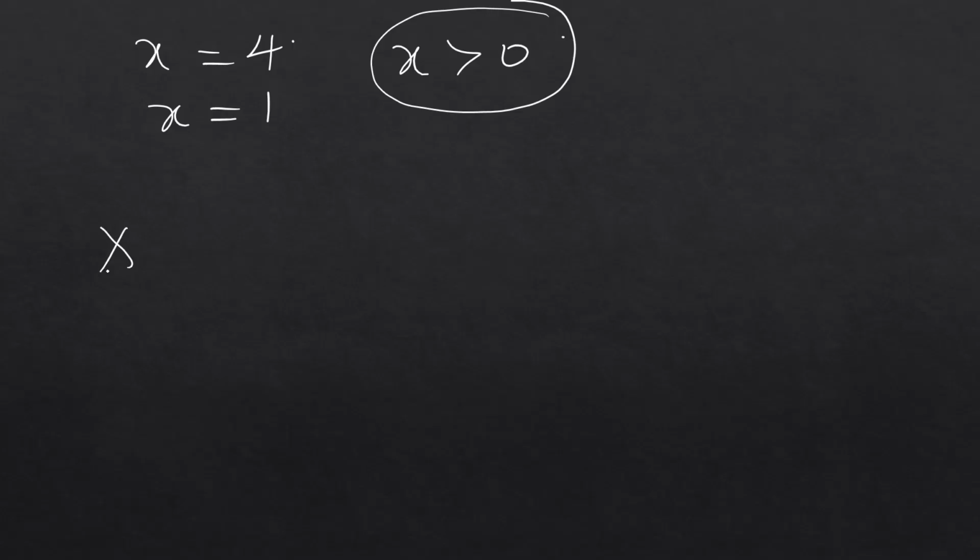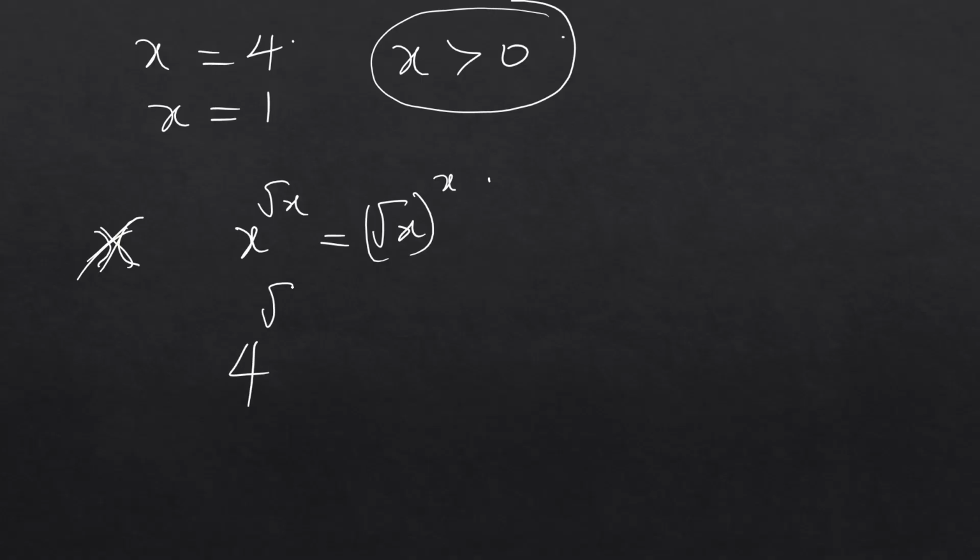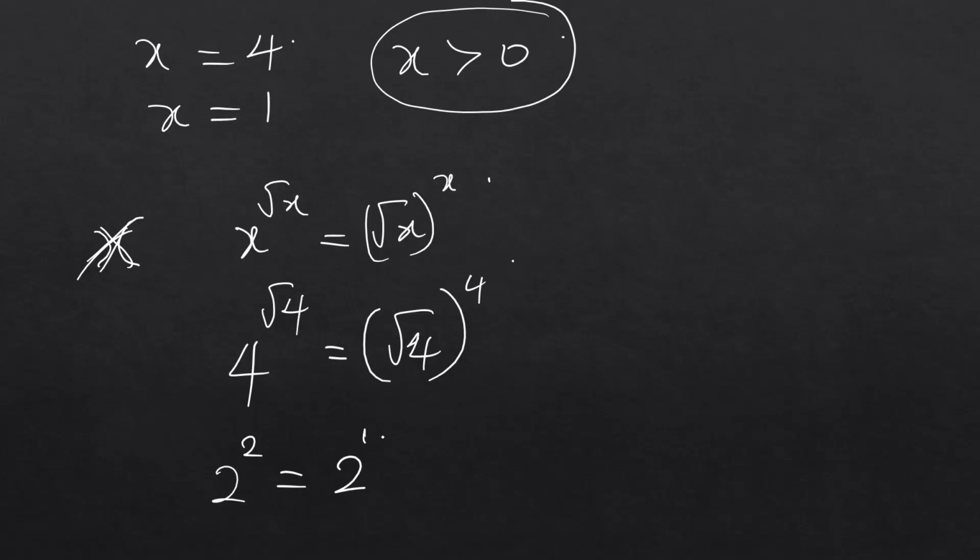This is x raised to power root x is equal to root x all raised to power x. So let's put 4. This is 4 raised to power root 4. Is it going to be equal to root 4 raised to power 4? So let's find out. This is 2 raised to power 2.